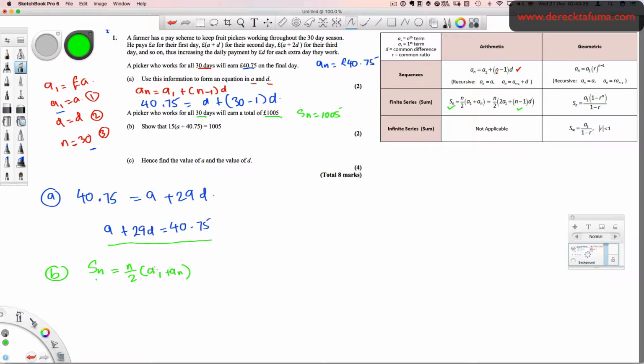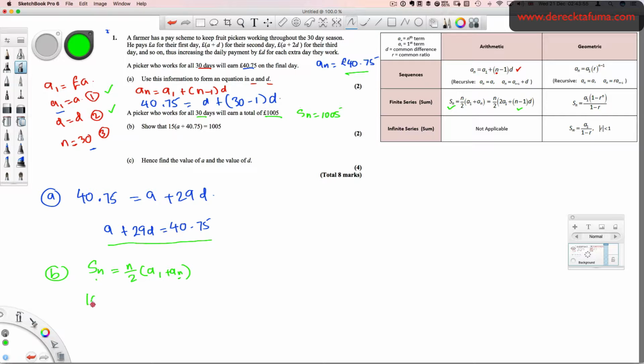A1 is A from here. We don't need D, we only need A sub n, which is 40.75.